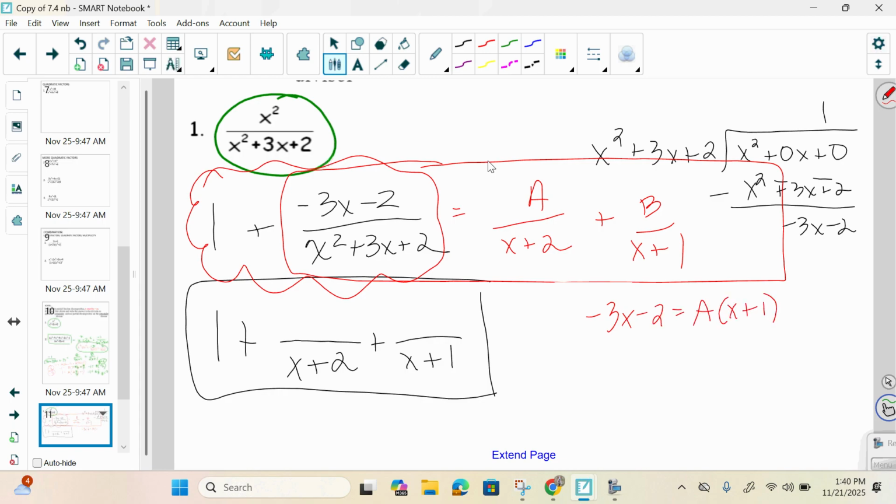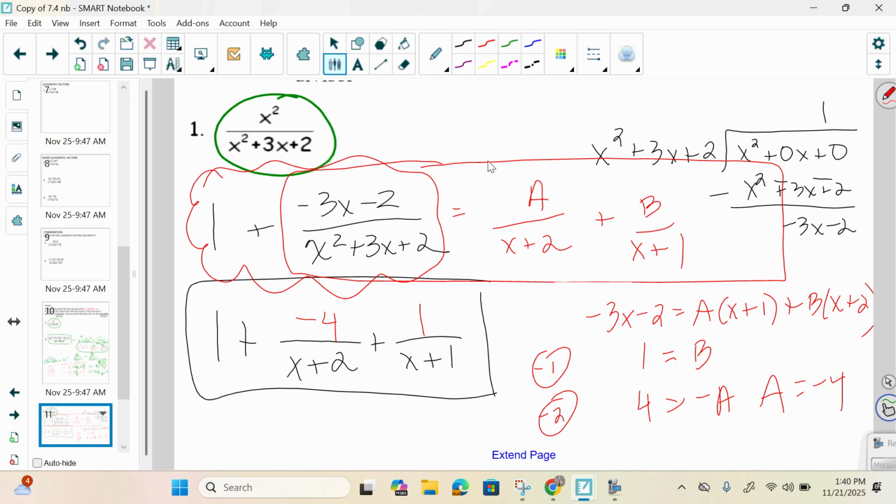Then this is going to be my partial fraction work for key numbers, or convenient numbers, sorry. So then my final answer is right there in that last rectangle.